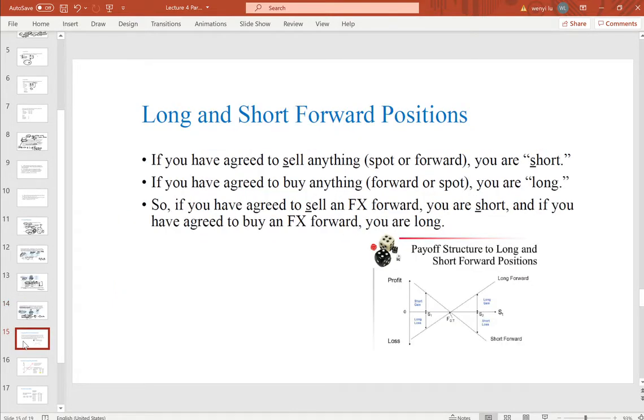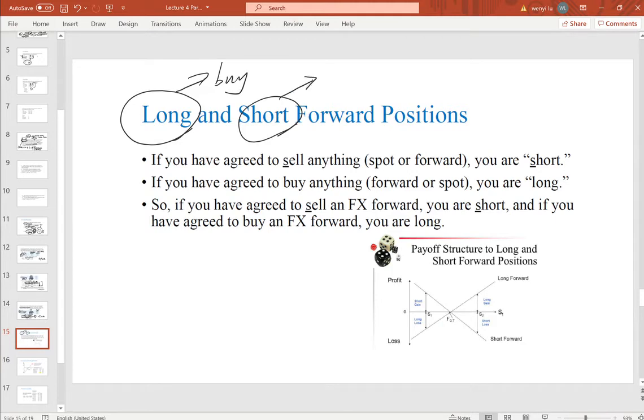Okay, so the forward contract is very important. You can sign this contract to lock how much exchange rate you want to convert your currency in the future. There are also 2 actions you can get for the forward position. One is a long position, one is a short position. Long means what? Long means you hold it, you buy it.